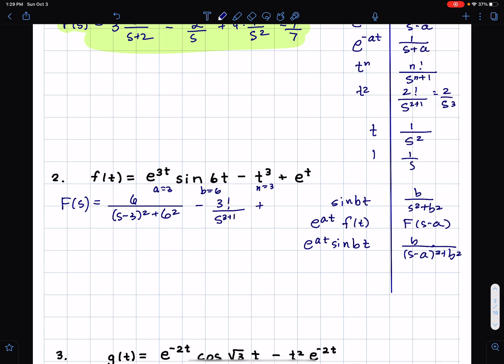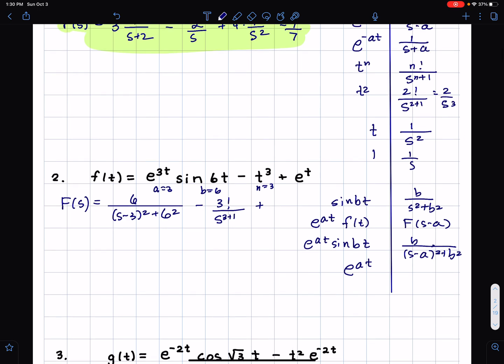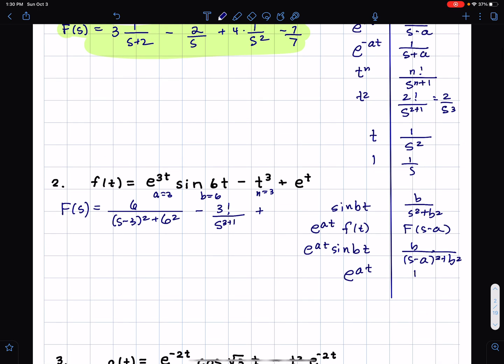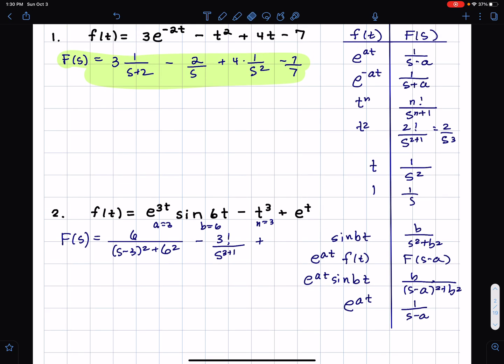And then e to the t, well, there's a formula for e to the at. That's 1 over s minus a. Oh, I already wrote that above. Anyway, here we have e to the at, and the Laplace transform is 1 over s minus a.